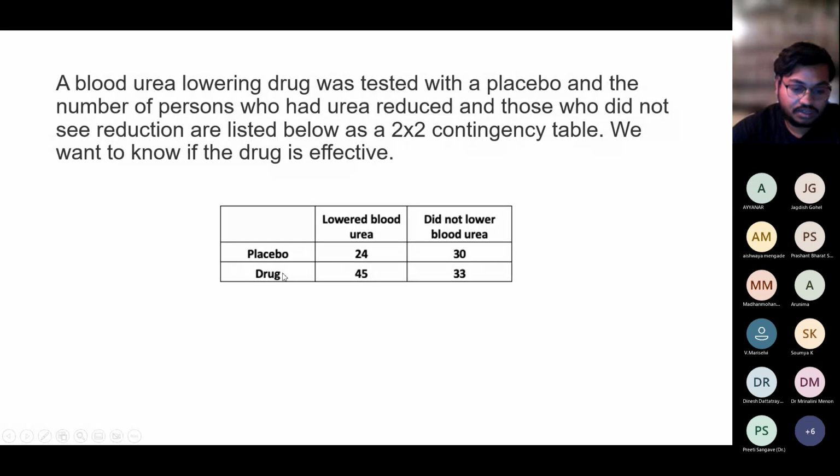But if we have a question where we want to see a difference, but we don't know in which direction, let's say you are given samples of heights of students from class 11 and class 12, and you are asked, is there a difference between these two populations of students?